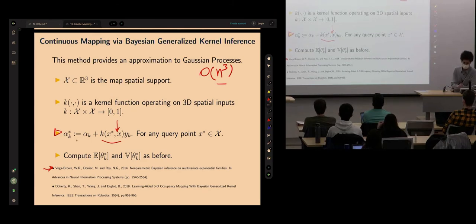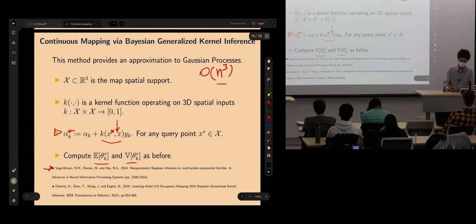But in principle, this asterisk means that we can query any point. Any point in the space that you want to know the effect of this measurement, we can query that. And as before, you can get the mean and variance. So this simple idea will help us to make the map continuous.